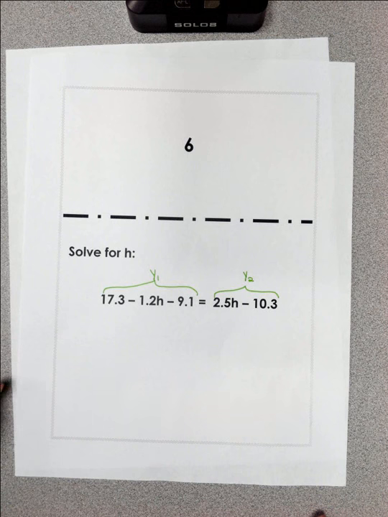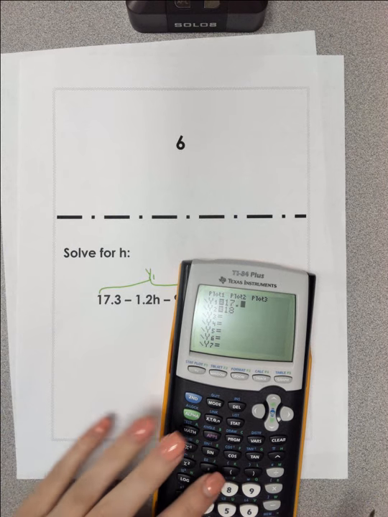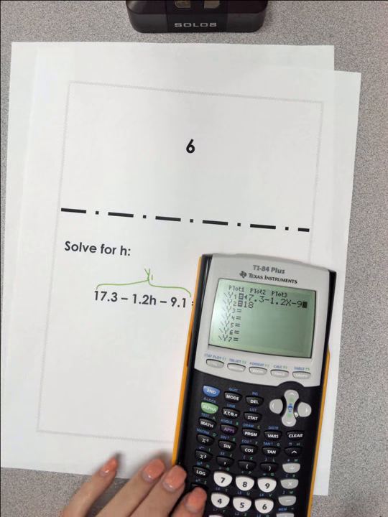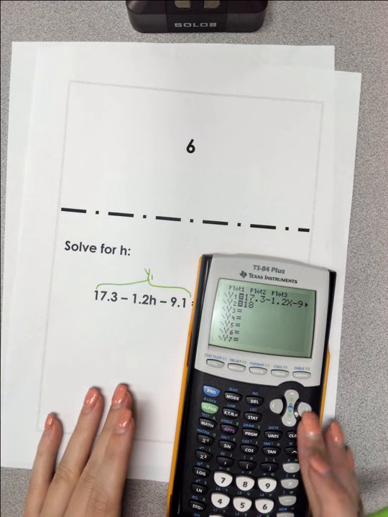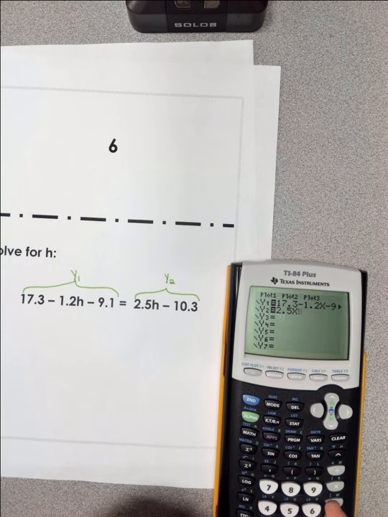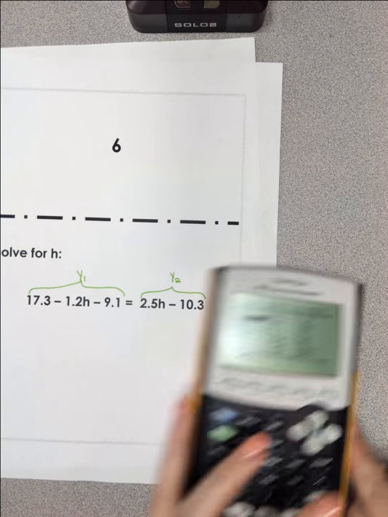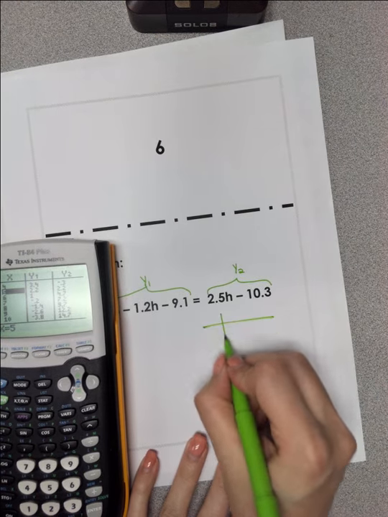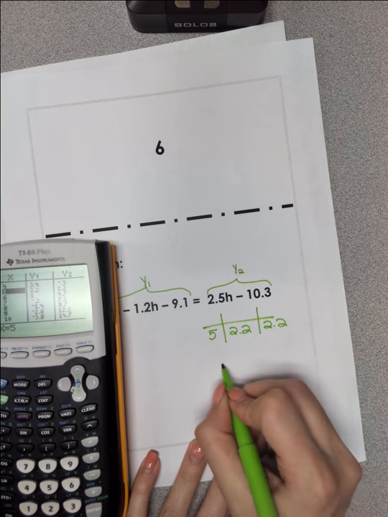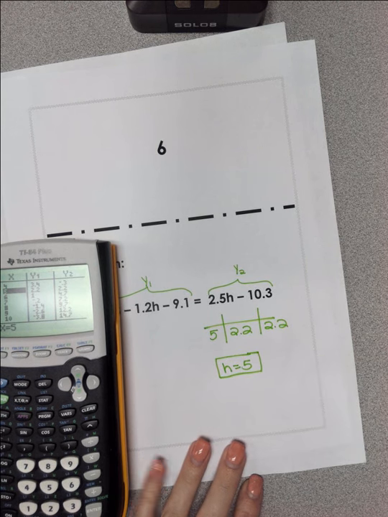It saves us time, saves you from making mistakes, as long as you know how to get the answer. 17.3 minus 1.2x minus 9.1, and in y2, I'm going to put 2.5x minus 10.3. Here they are. According to my table, at 5, they are both 2.2, so h equals 5. And that's your answer.